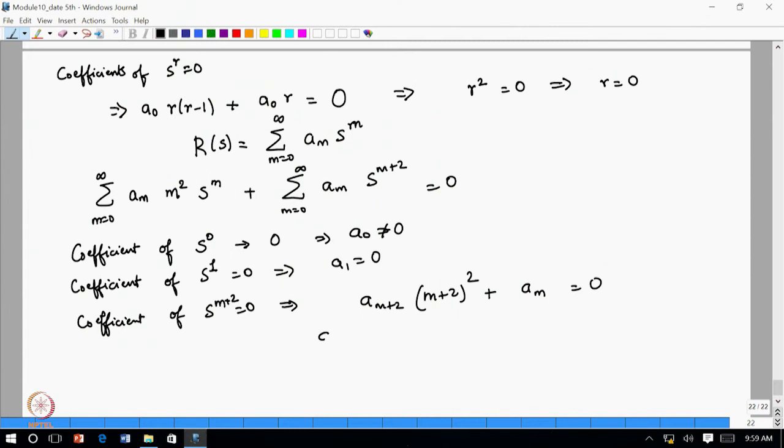So what I will get is a m plus 2 is equal to minus a m over m plus 2 square.